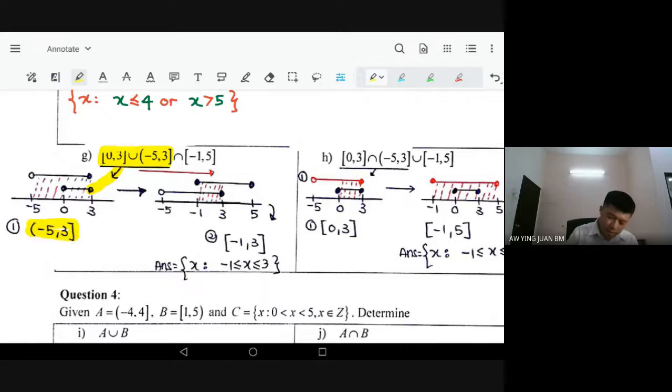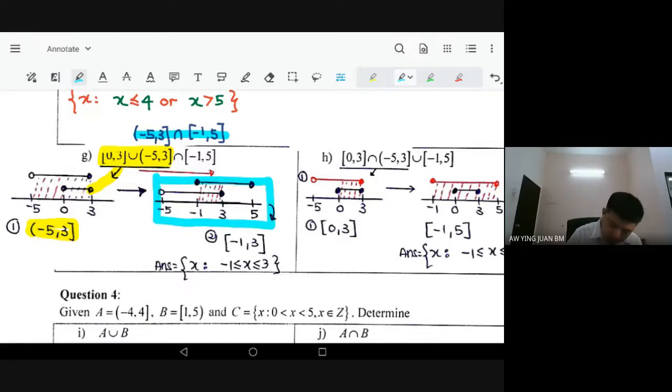Next part, saya ambil dia -5 intersect -1 and 5. So sekarang saya buat apa? Saya ambil yang ini, saya lakukan di sini. Okay? Boleh ya? Then saya dapatlah jawapan ini.